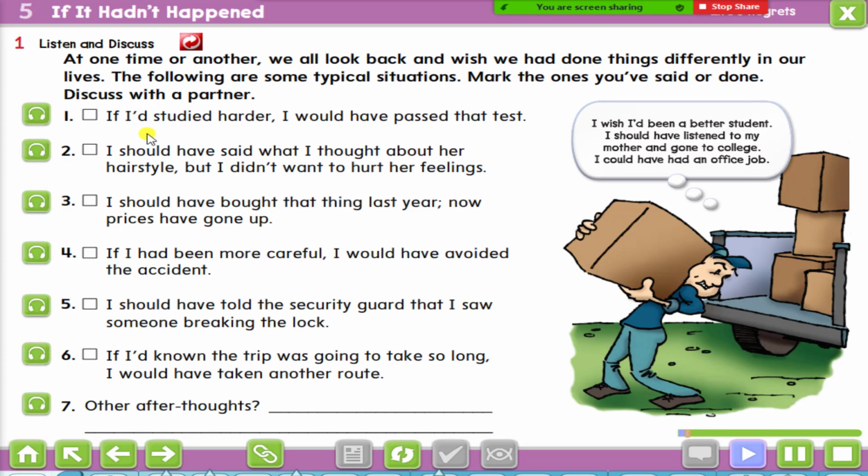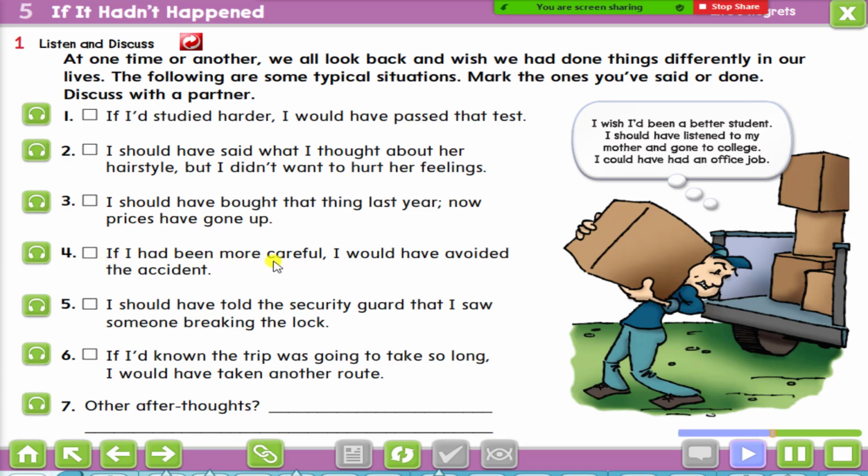1. If I'd studied harder, I would have passed that test. 2. I should have said what I thought about her hairstyle, but I didn't want to hurt her feelings. 3. I should have bought that thing last year. Now prices have gone up. 4.